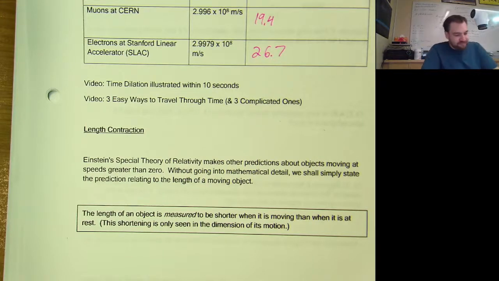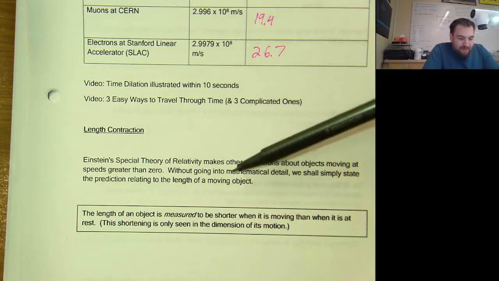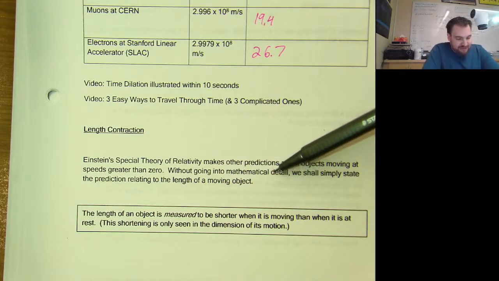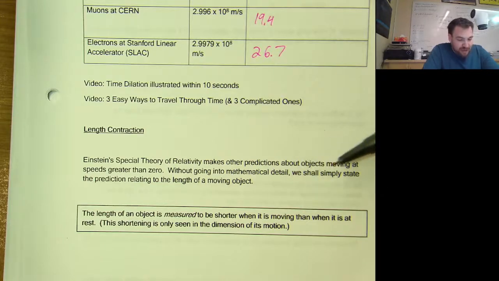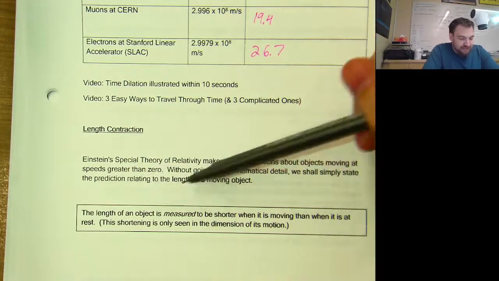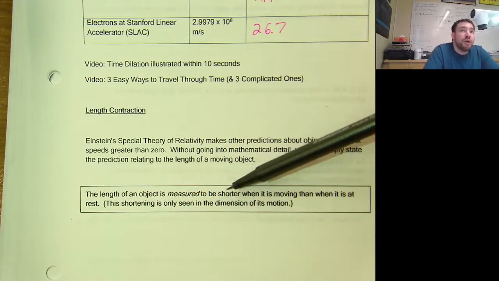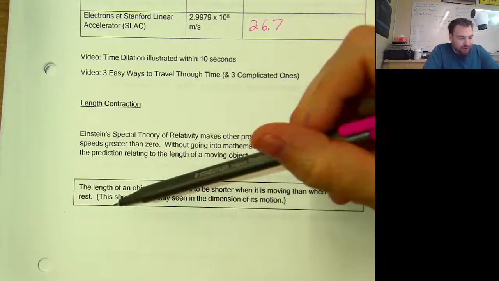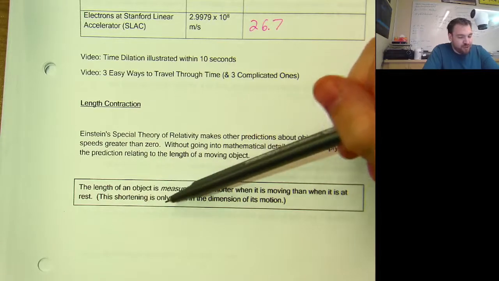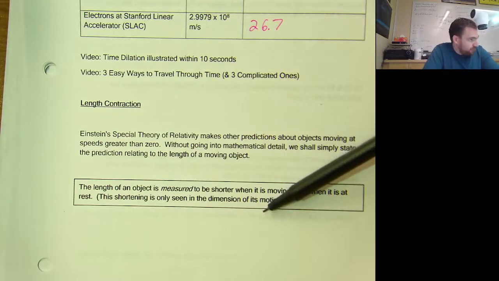Without going into a lot of mathematical detail as to why, I'm just going to state it for you. The prediction relating to the length of a moving object: the length of an object is measured to be shorter when it is moving than when it is at rest. This shortening is only seen in the dimension of its motion.